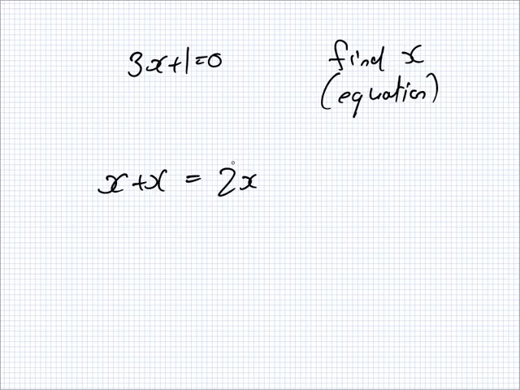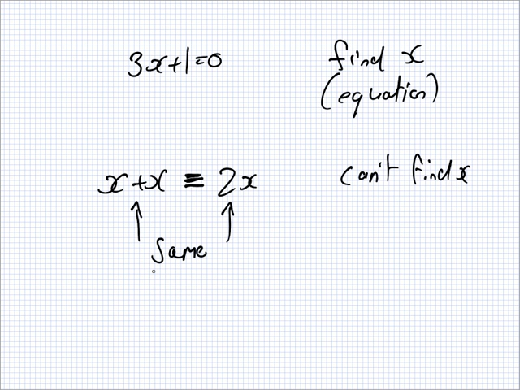I can't find x here. It's just me saying some rule. So if you want to make it clear there's a difference here, a lot of people put 3 lines here. So in this one here, you can't find x. You're just saying that these are the same thing.